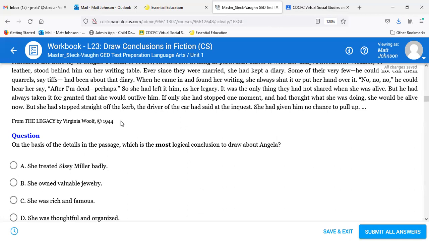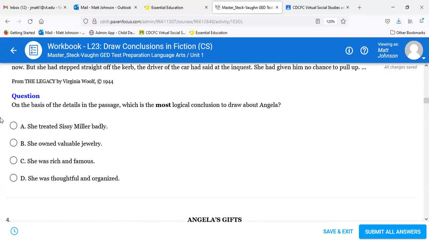Tracy, could you read question 3 for us? Yes. On the basis of the detail in the passage, which is the most logical conclusion to draw about Angela? A. She treated Cissy Miller badly. B. She owned valuable jewelry.